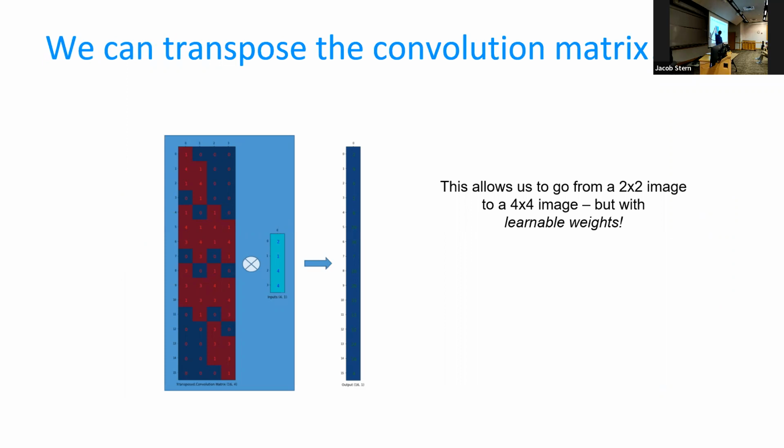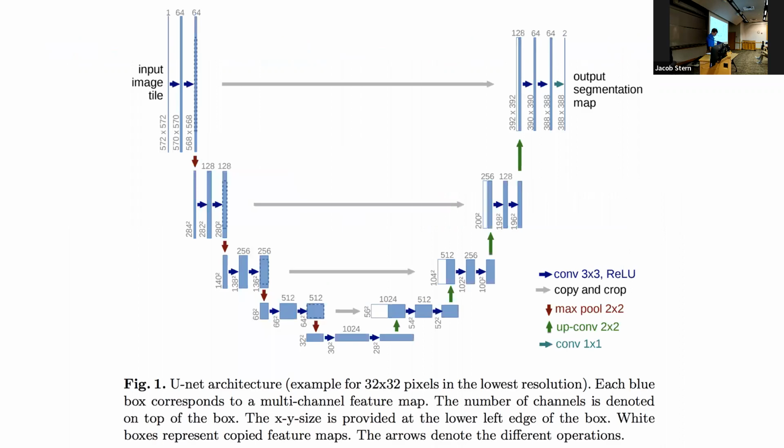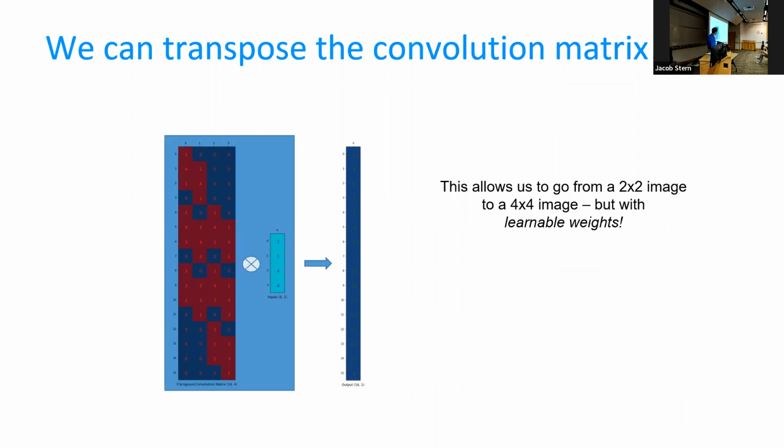We end up with a 16 by 4 transposed convolution matrix with learnable weights in the same locations as in our convolution matrix, multiply it by an input vector of size 4, and it produces an output of size 16, which we can then reshape into size 4 by 4. And that is where we will end.